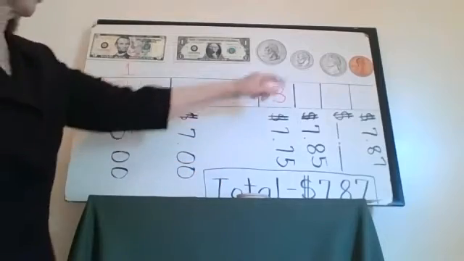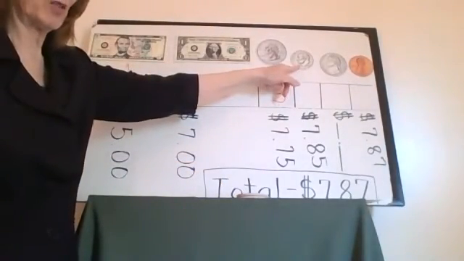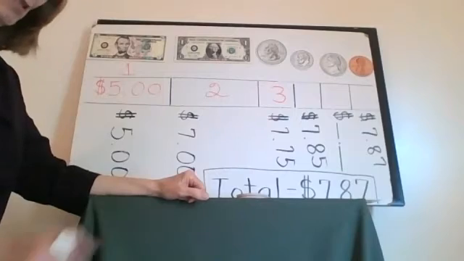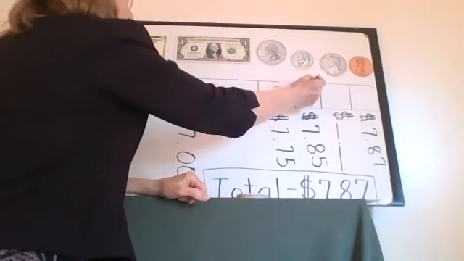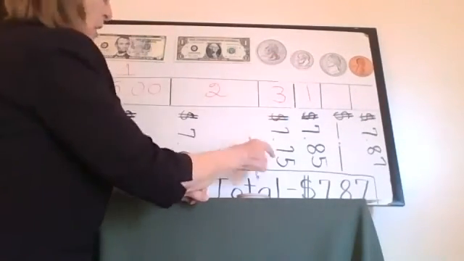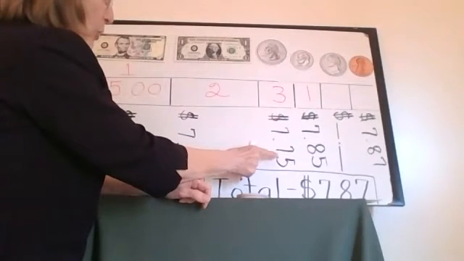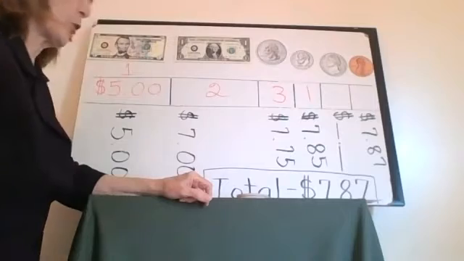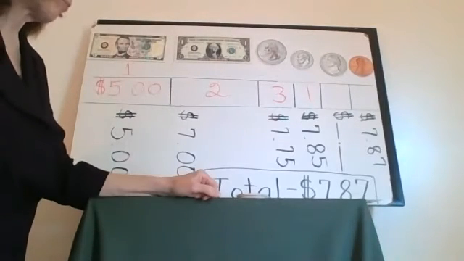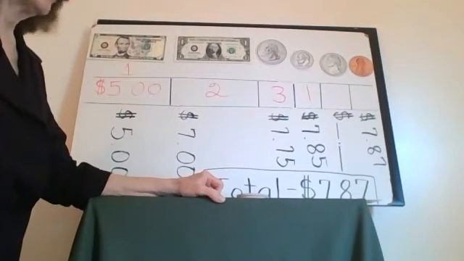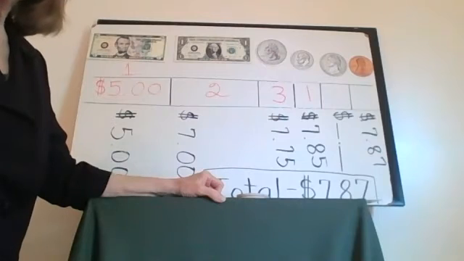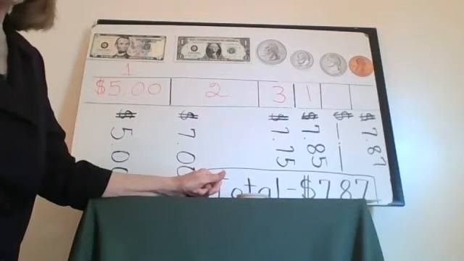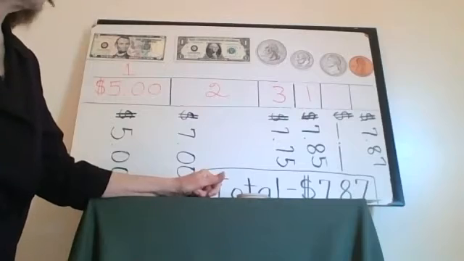Only 10 cents worth. A dime equals 10 cents. How many dimes do we need? Only 1. We add 1 dime, which is 10 cents, to the 75. It will equal 85 cents. You should be able to do that in your head. If you're having trouble with it, then you need to do some memorizing, or you need to do some counting by 10.